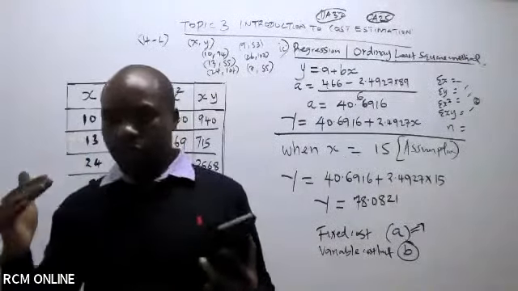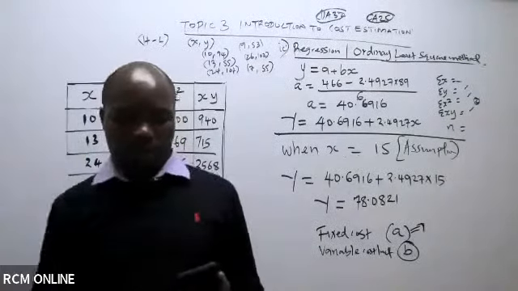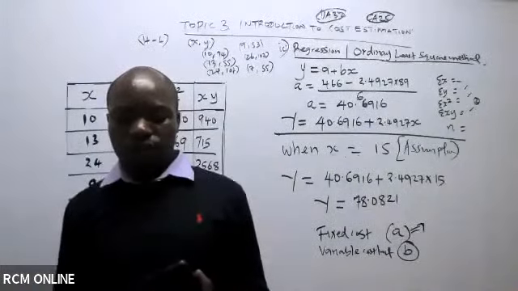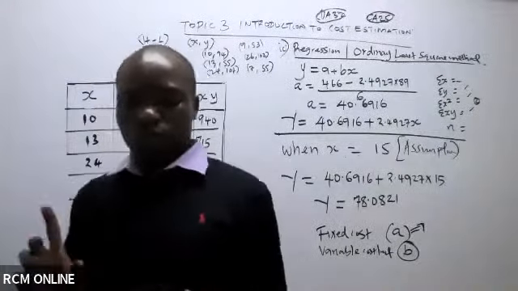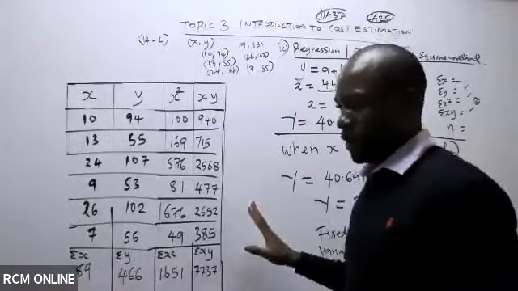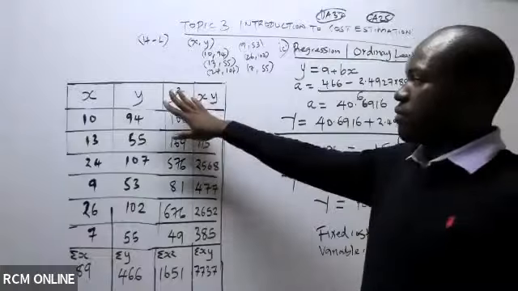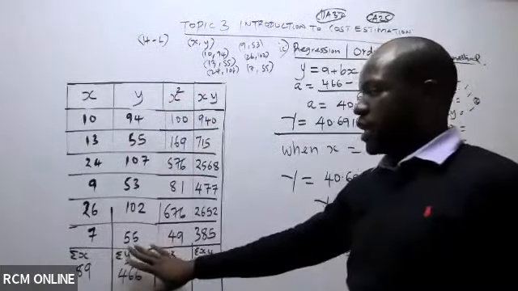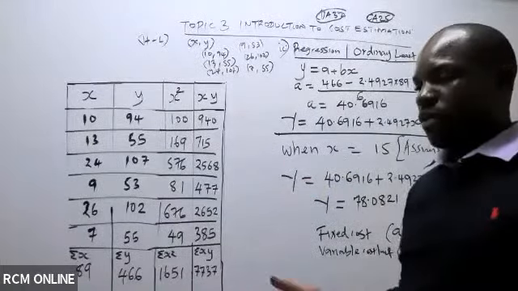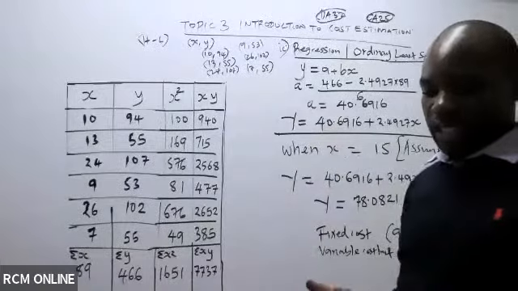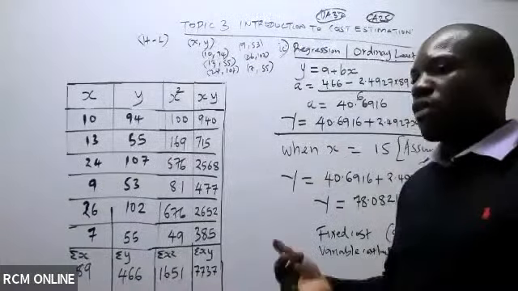So it is now your responsibility to go to the past paper questions, look at those questions, attempt them. In our next class, we will look at a question from the past papers. This was just an illustration. So before we meet on Friday, create time, go to the past papers, attempt those questions.